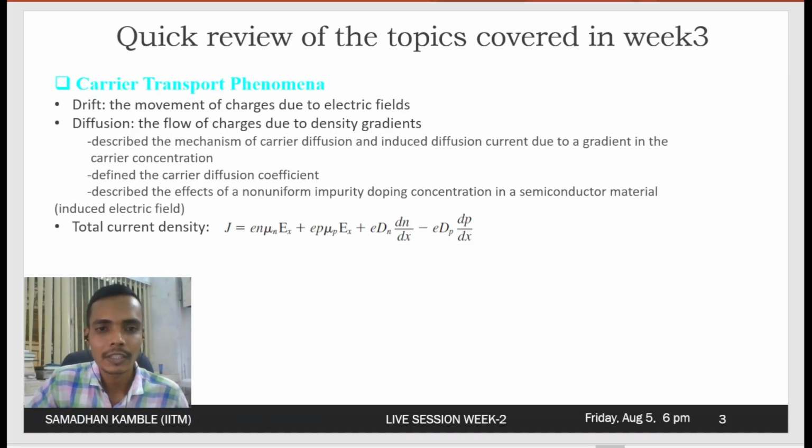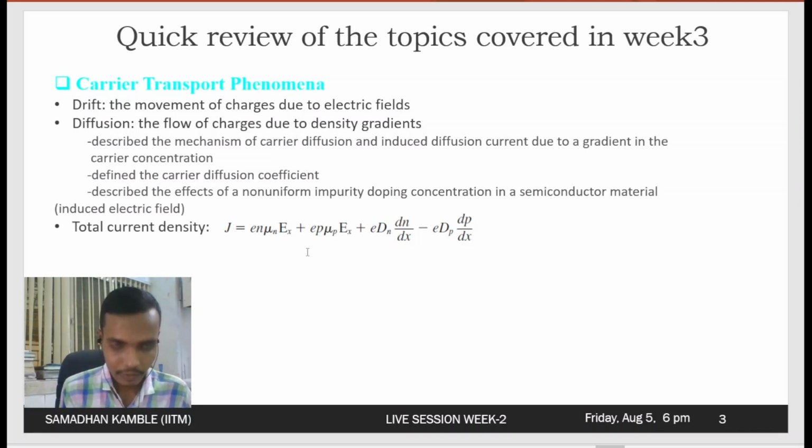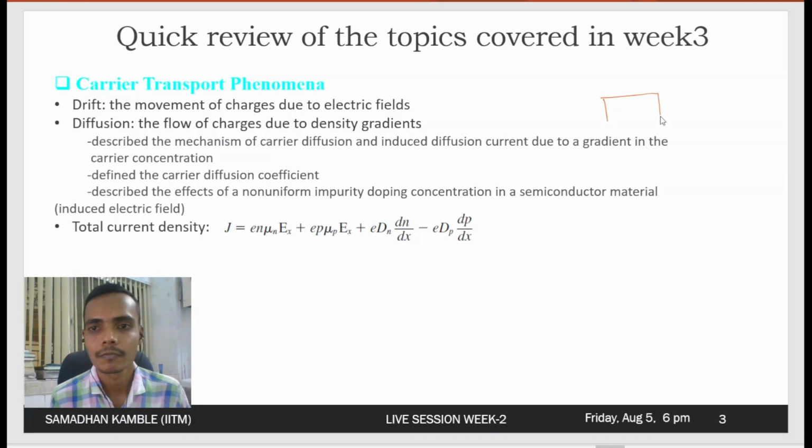If you consider a simple physics example, let's say a container which has a membrane present in between, so the container is divided into two parts by a membrane.